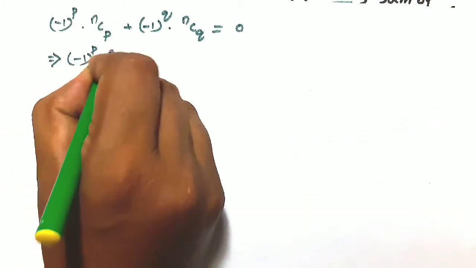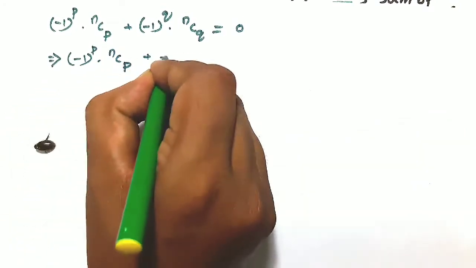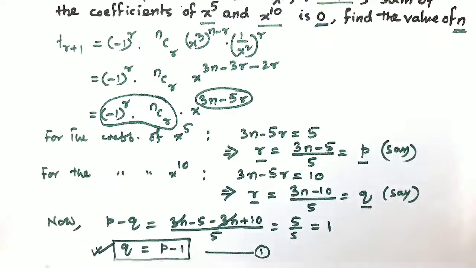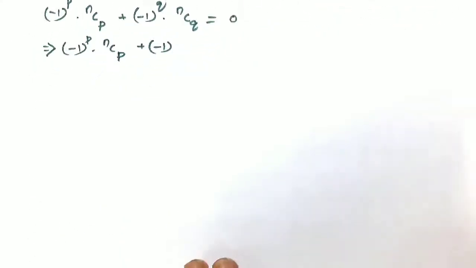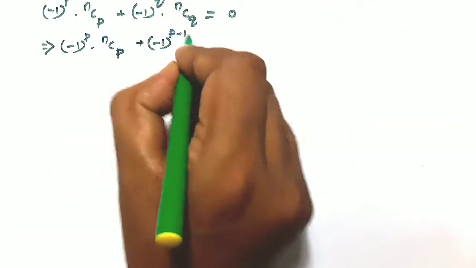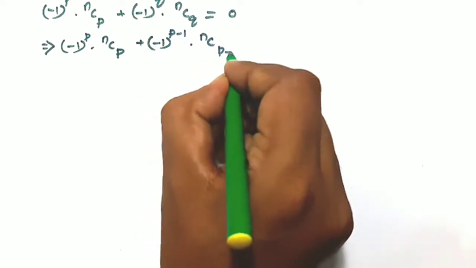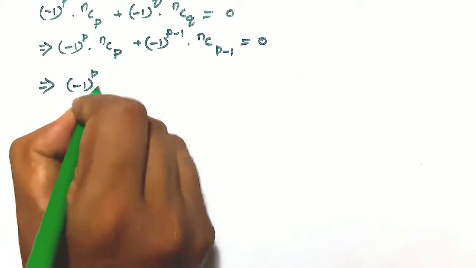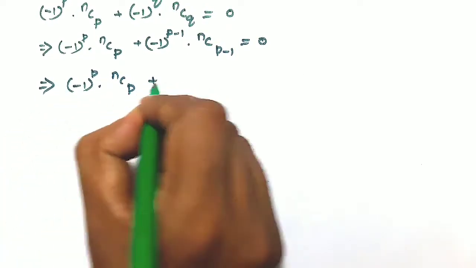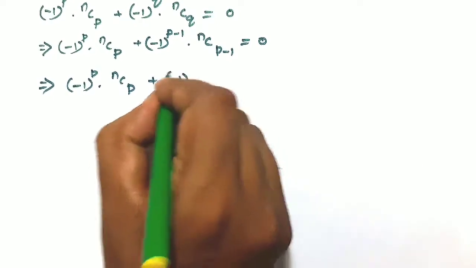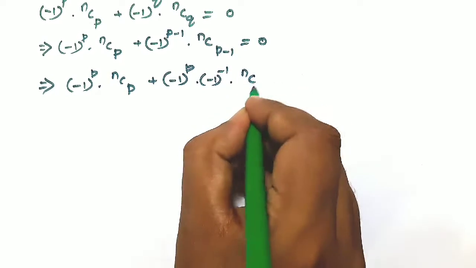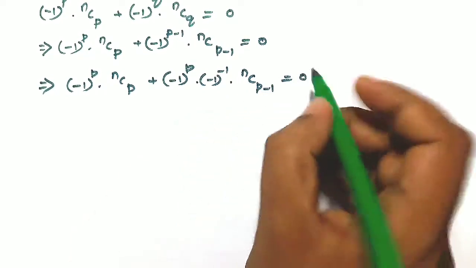So (minus 1) to the power p into nCp plus (minus 1) to the power q, q is equal to p minus 1. Replace it. So it will be (minus 1) to the power p minus 1 into nC(p minus 1) is equal to 0. Okay. So (minus 1) to the power p into nCp plus (minus 1) to the power p into (minus 1) to the power minus 1 into nC(p minus 1) is equal to 0.